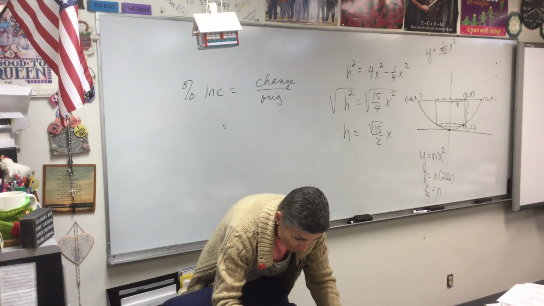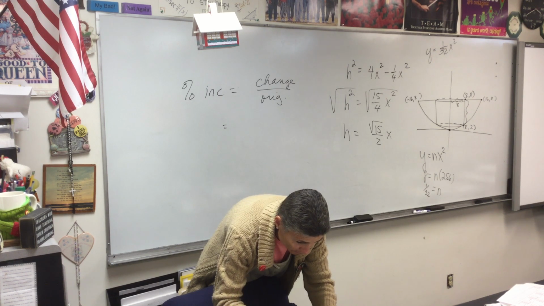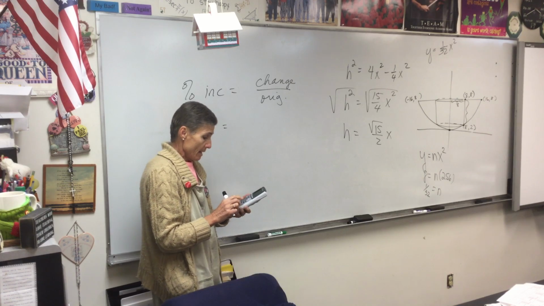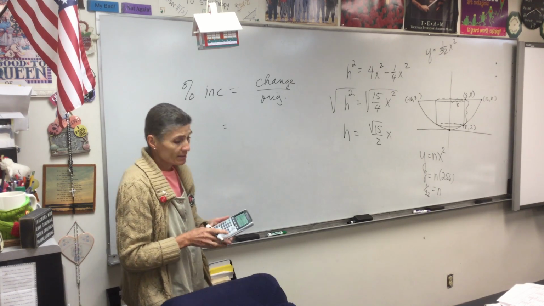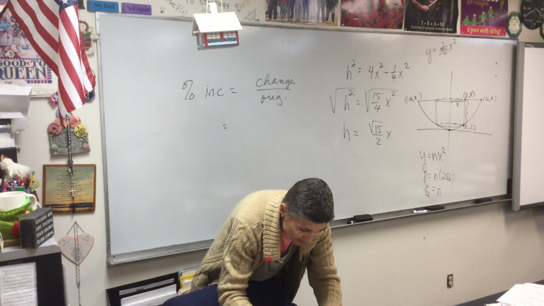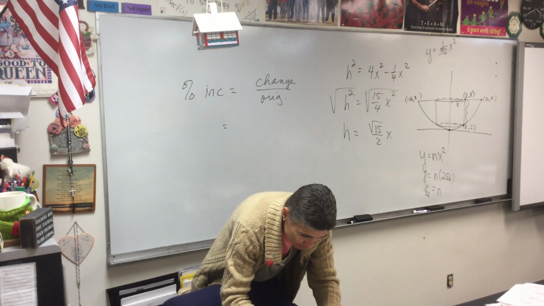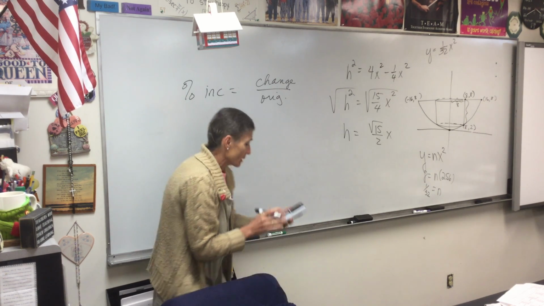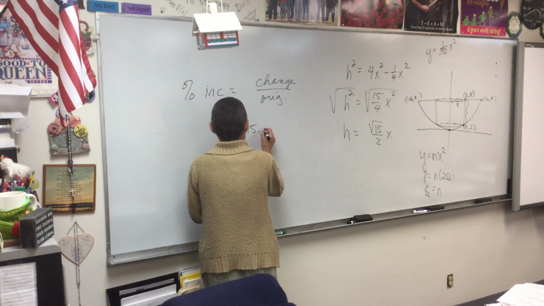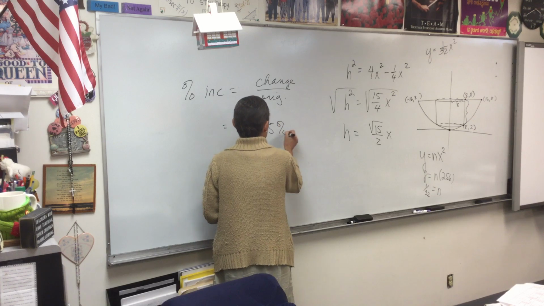We have 824,000,000 minus 71,065. All right, so I got my change, and then I'm going to divide that by the original, and the original is the 71 number. And I got 15.95% increase.